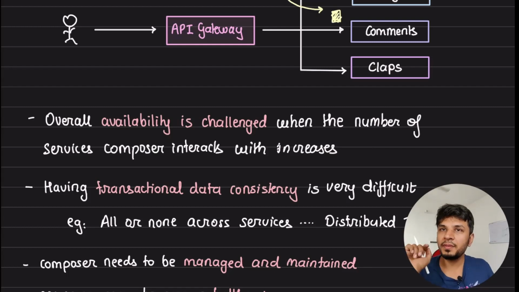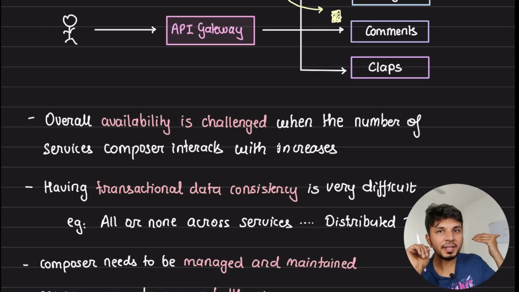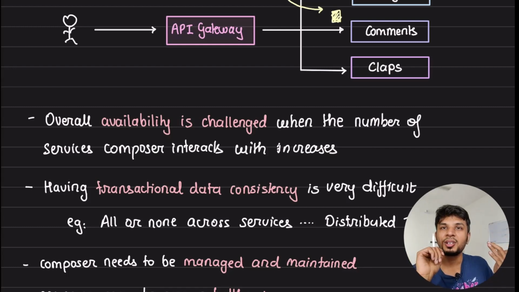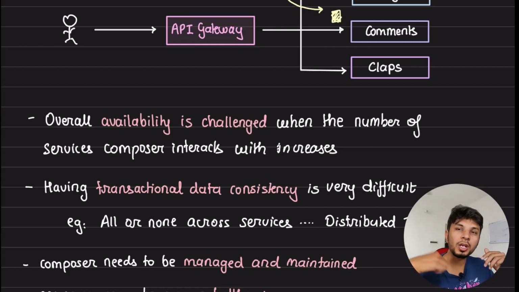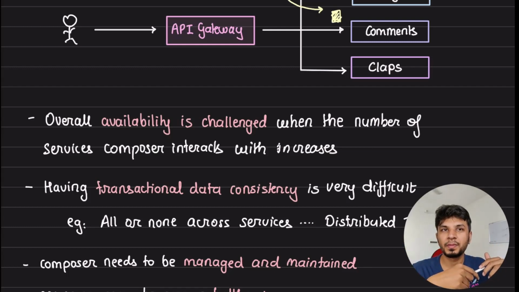So even though your comments and your collab service never saw any outage, if your blog service is down, your end user is not getting the correct response, or not even getting a response. That's where unknowingly the downtime of one service had an impact on your end user, which impacted the overall availability of your system.